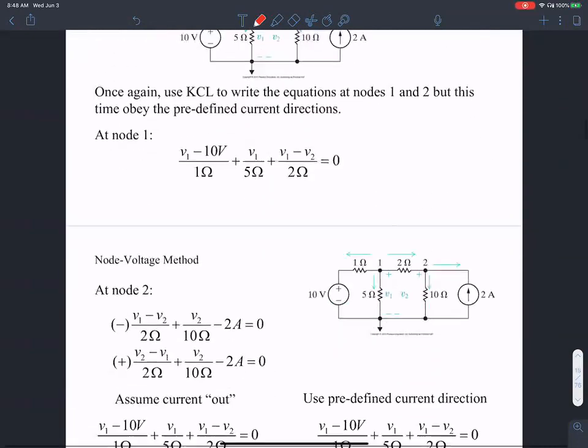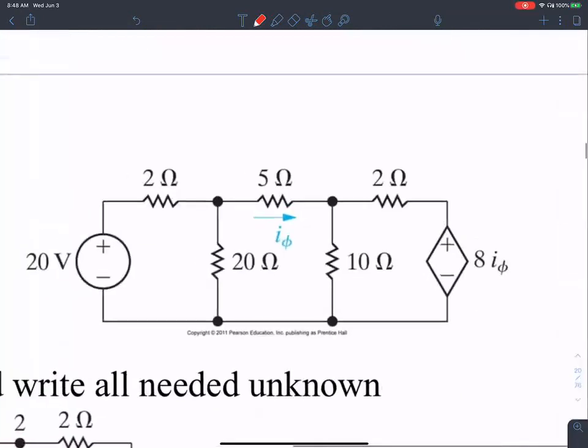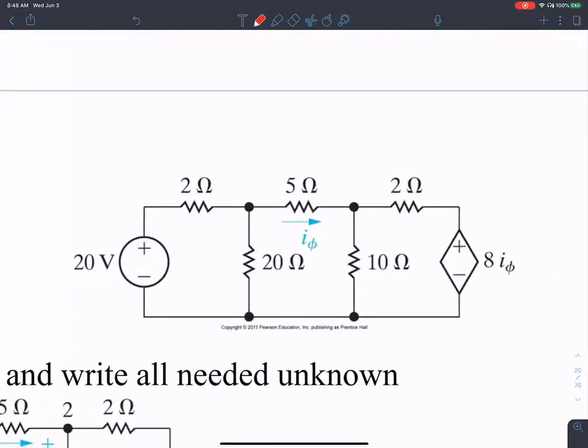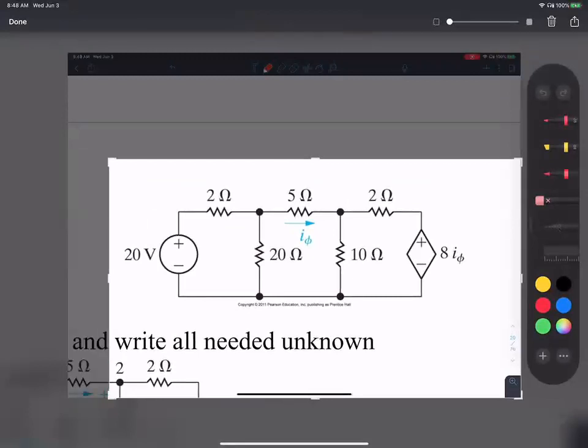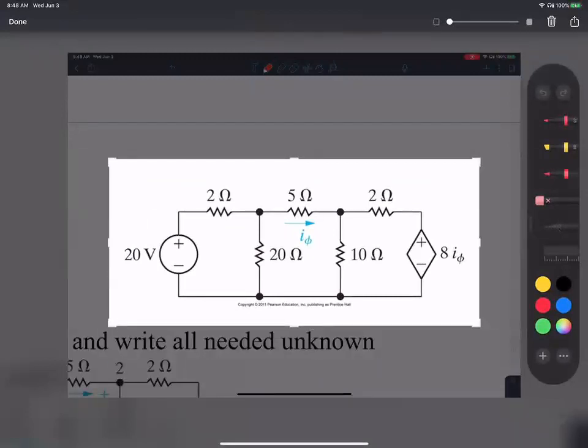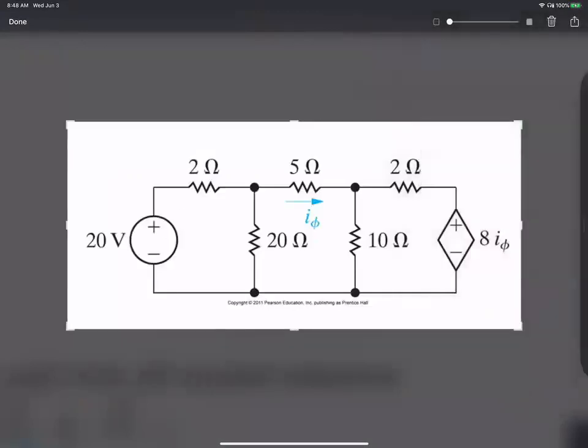This time we are going to use dependent sources, something like this. I'm going to solve this circuit using the node voltage method.